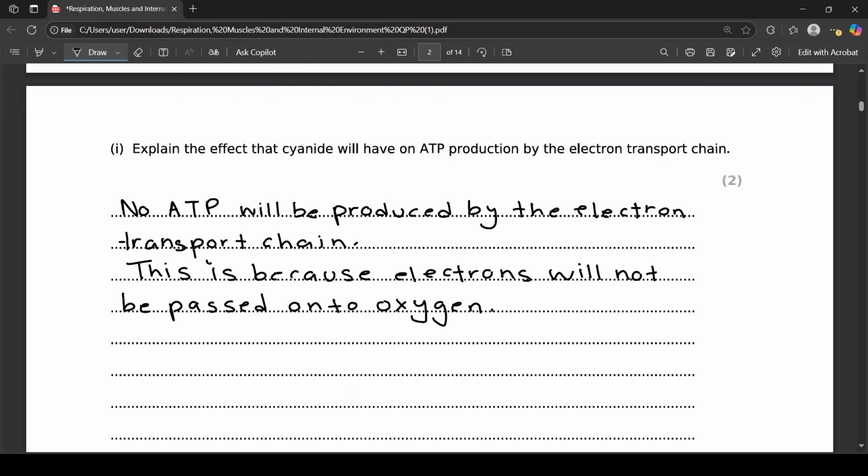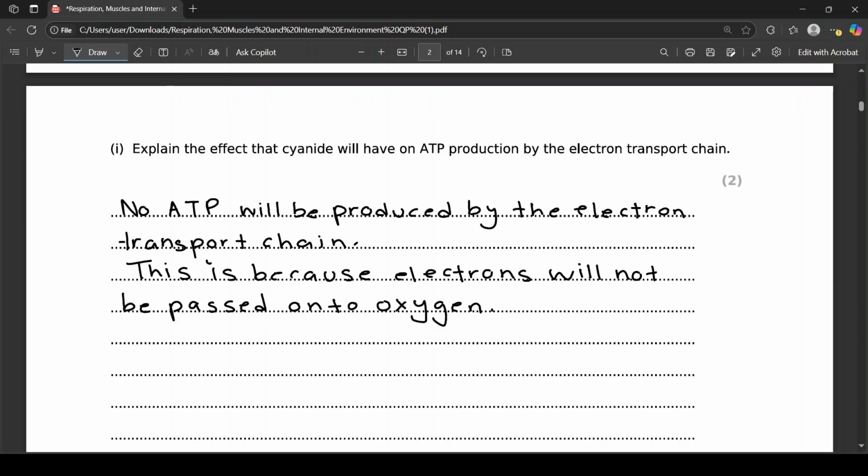So we remember that cyanide affects the last complex, which gives electrons to the oxygen atom, which accepts the electron. As a result, the electron transport chain is completed.